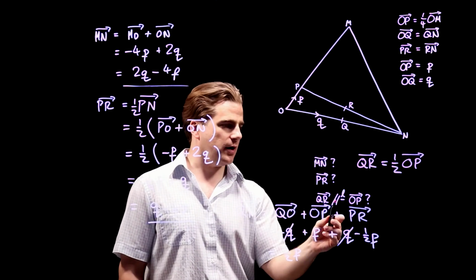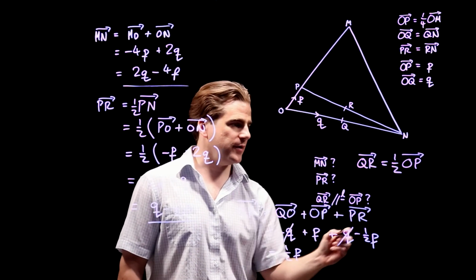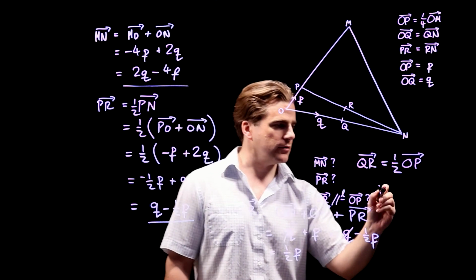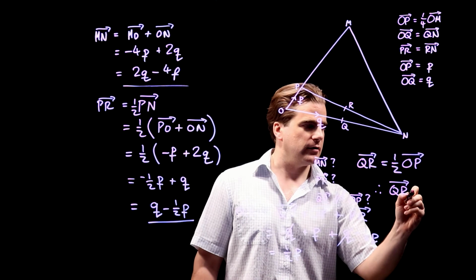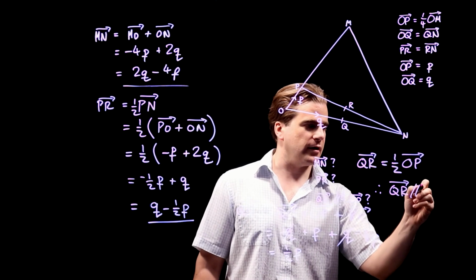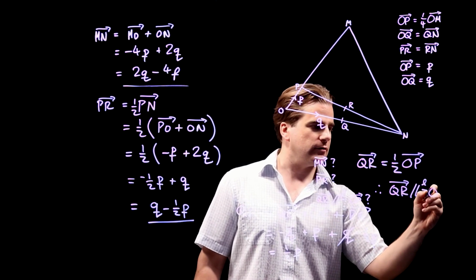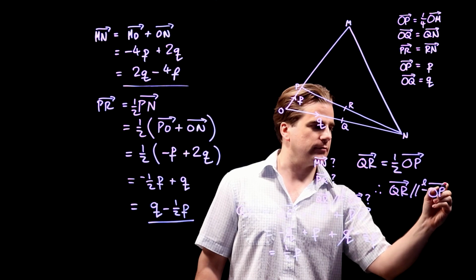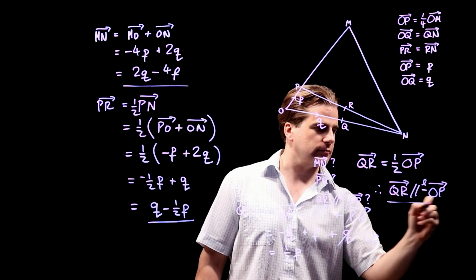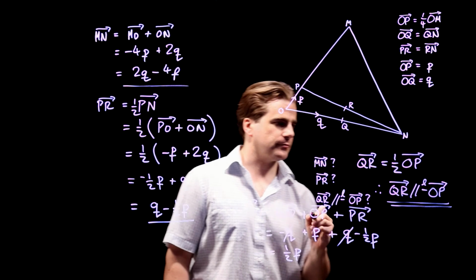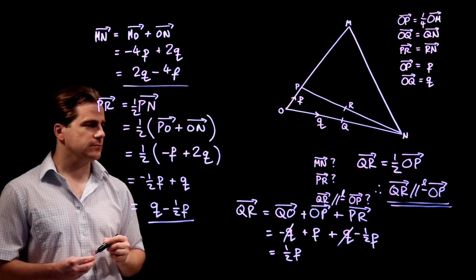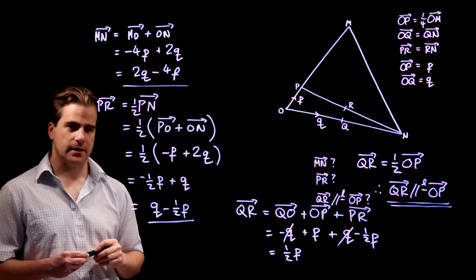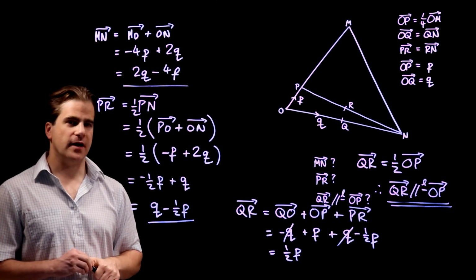So if Q to R is a half of O to P, therefore we can say that Q to R is parallel to O to P. There we go. Bit of vectors for you.